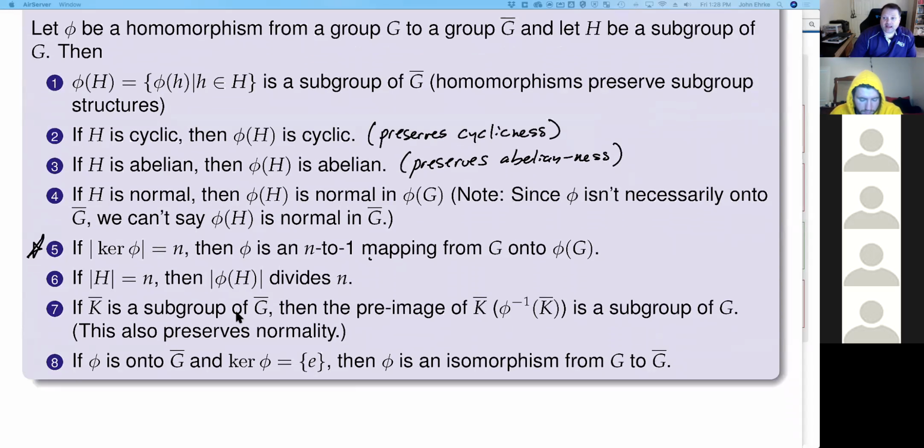It creates a 1-to-1 mapping if the kernel has only one element in it. We know every kernel has the identity in it, so that one element must be the identity.